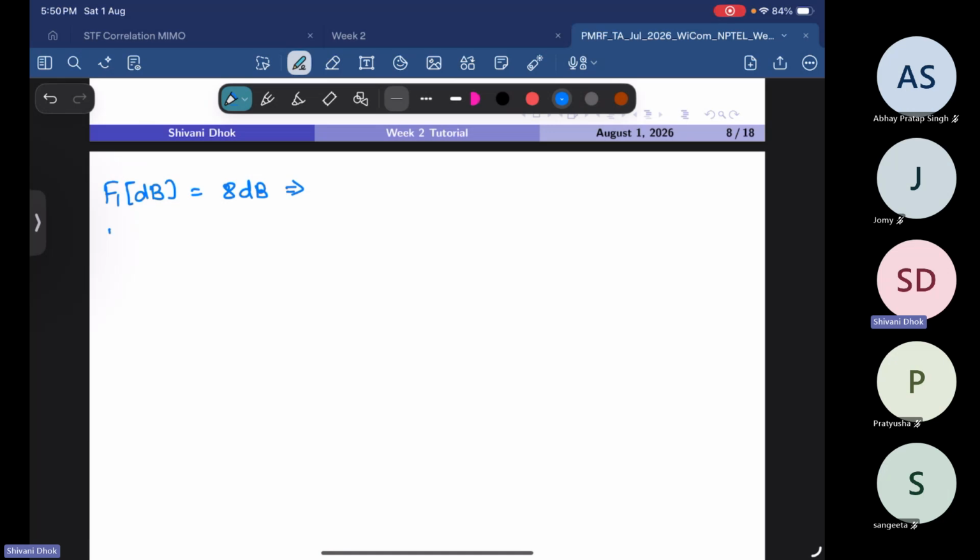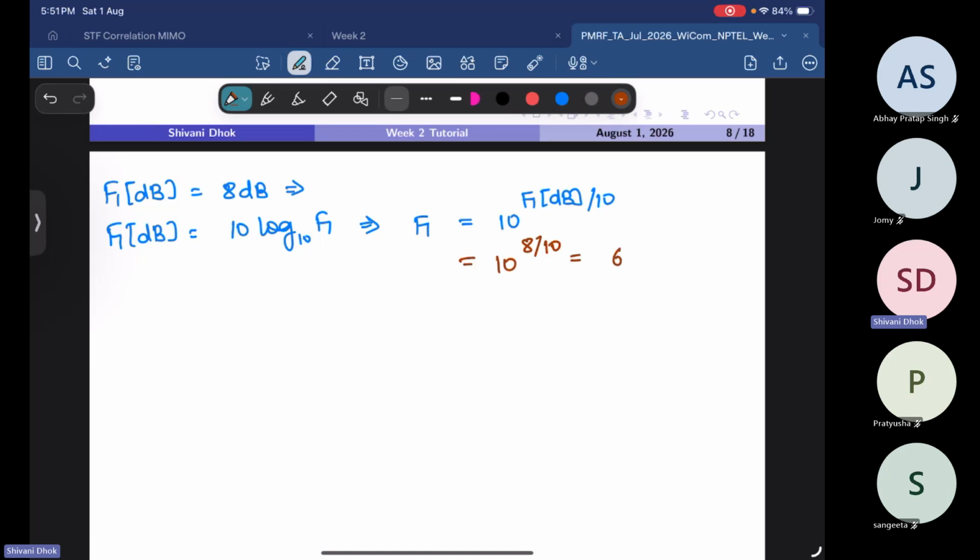This F1 in dB is basically 10 log F1 in linear scale to the base 10, which means that your F1 in linear scale will be 10 to the power F1 dB divided by 10. Therefore this comes out to be equal to 10 to the power 8 by 10. For this you use your calculators, which will be provided to you in your exam. So this will be equal to 6.31.